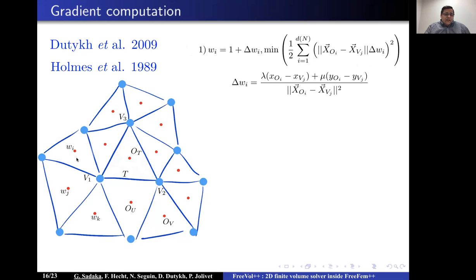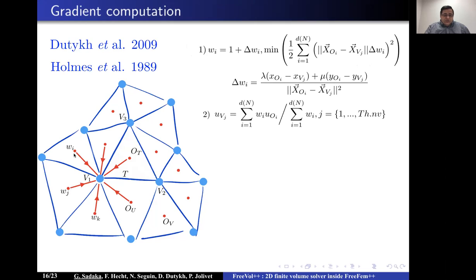Once we have the omega e, we want to interpolate the solution on the triangle that we have on P0 to the vertex. So by using also the weight omega e, using this formula, we have the solution over the vertex using the value of the triangle and the value of the weight of the triangle.